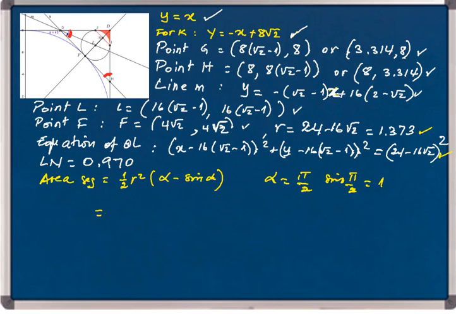So the area of the segment is equal to 1/2 of 1.373 squared times pi over 2 minus sine pi over 2. All right, after calculation with our Texas Instruments, it gives us 0.538.